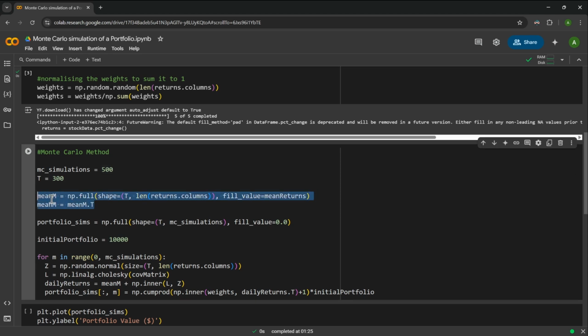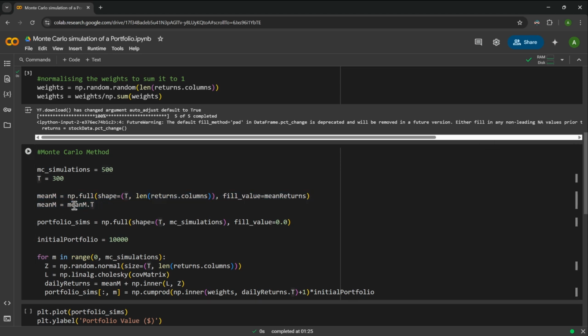And then we create another matrix that is filled with the mean returns of all of these stocks. And we also want to store all of these day to day, let's say, portfolio values. So after every day the value of the portfolio changes according to whether the price of the stock has gone up or not.